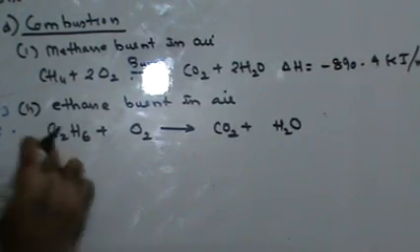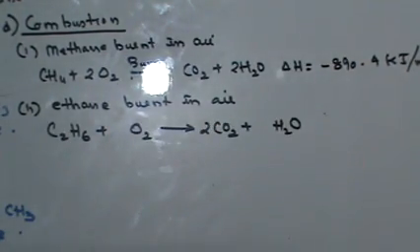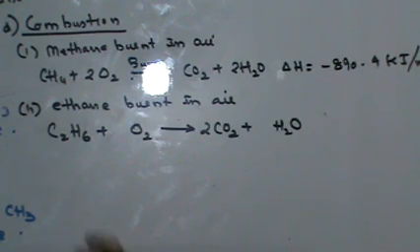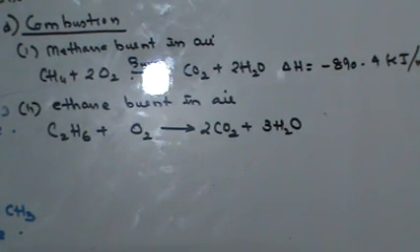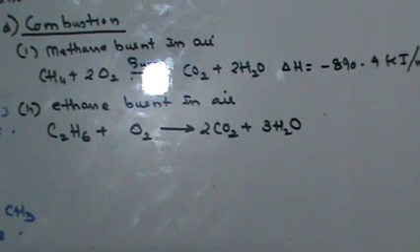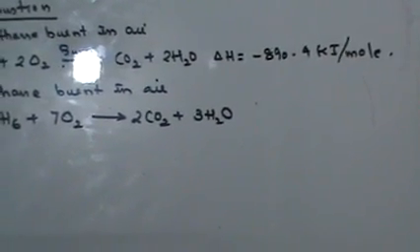I have 2 carbon, for which I am going to put 2 here. I have 6 hydrogen, right? So 3 here. So in that case, oxygen becomes 4 and 3, 7. So I cannot get 7 here. So what I'm going to do is I'll make this 7, so now my oxygen is 14.